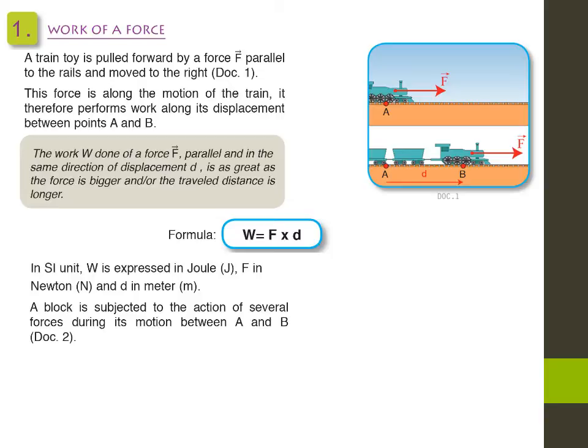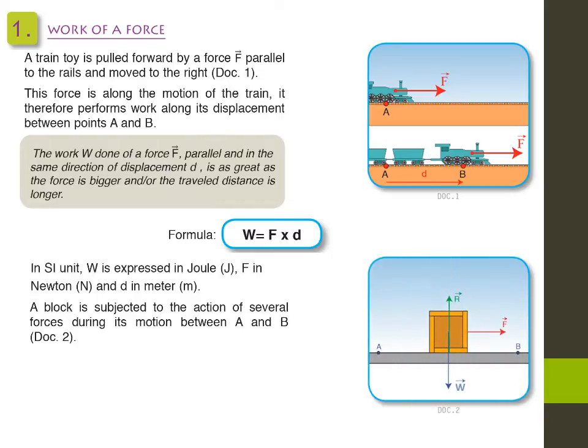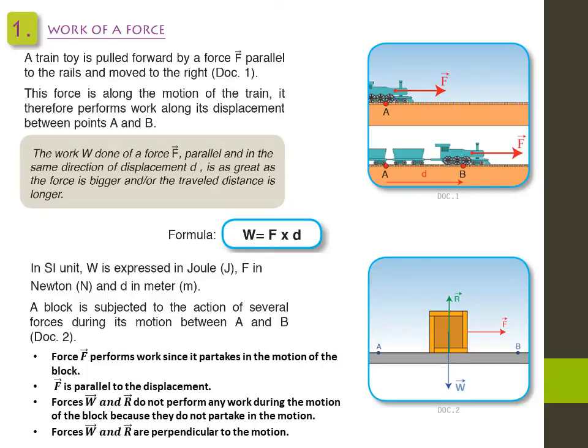A block is subjected to the action of several forces during its motion between A and B, as shown in document 2. Force F performs work since it partakes in the motion of the block. F is parallel to the displacement.